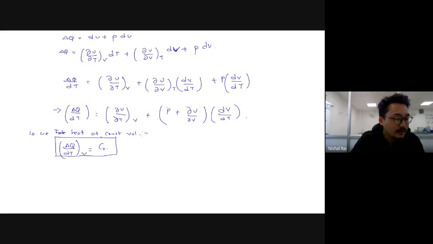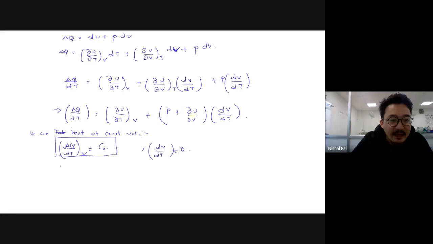Heat at constant volume, then this will convert to Cv, and dV by dT should vanish, because V is constant, so its derivative will vanish. Is this point clear? I think this is clear.